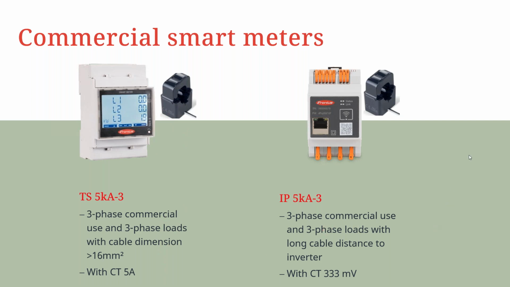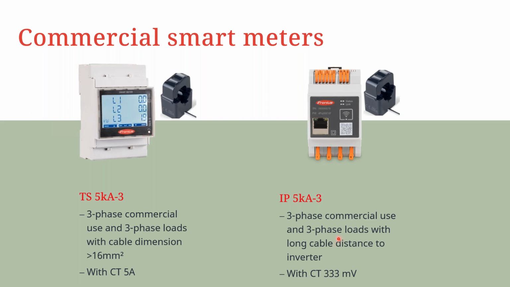But we've also introduced a new smart meter, which we are referring to as the Smart Meter IP. This is also a 5 kiloamp smart meter in 3-phase. And this is ideal for use where you have long distances from the feeding point to the inverter. Because, as we know, the normal Modbus RTU connection for Fronius is recommended at not more than 300 meters.